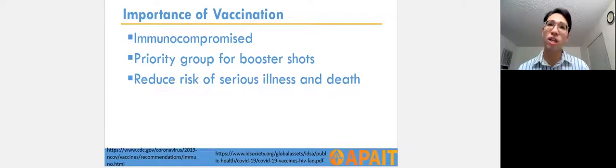In clinical trials and from extensive experience, COVID-19 vaccines were found to be safe and effective for those living with HIV. And currently there are no data to suggest that vaccines are not safe and effective for people with HIV.